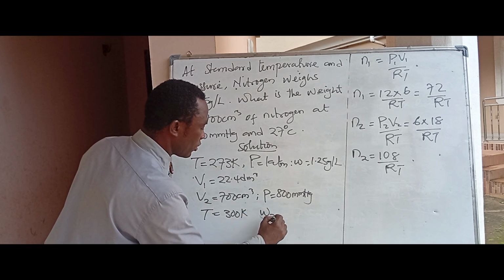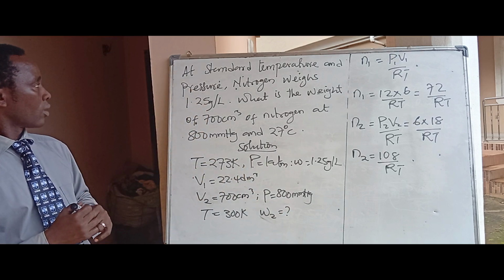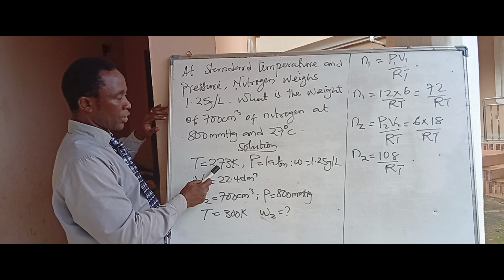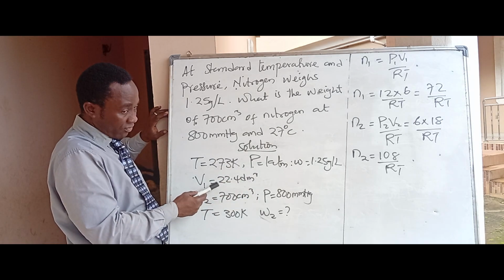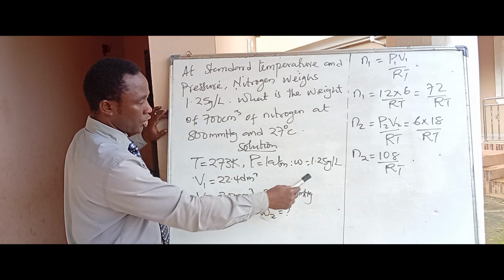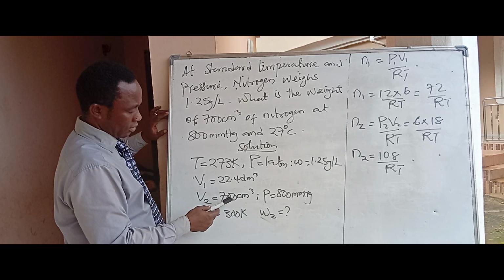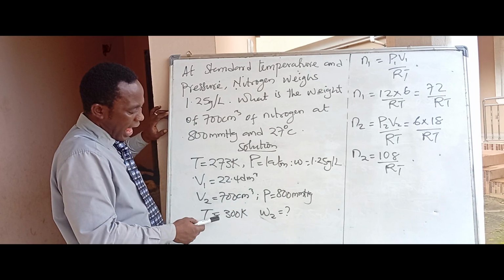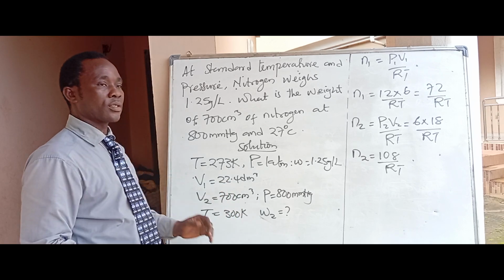At standard temperature, pressure and volume, this nitrogen weighs this. Then under 700 centimeter cube, 800 mmHg, and 300 Kelvin, what will be the weight?